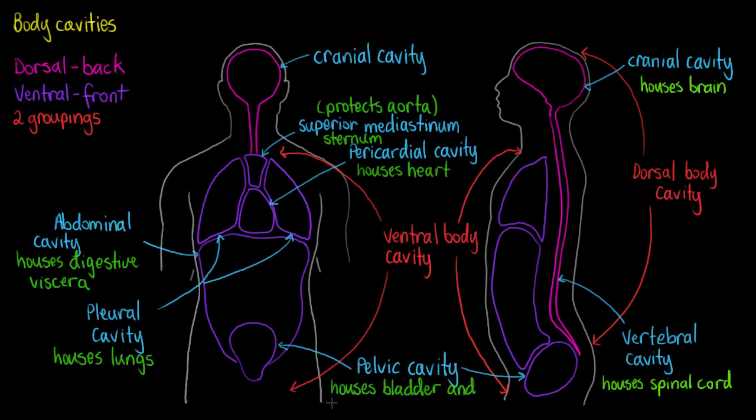Now, all of these separate cavities are just extra measures of protection and separation for all of the organs within your body. One last point to make with our ventral cavities is that they have a lot more subdivisions than our dorsal cavities.